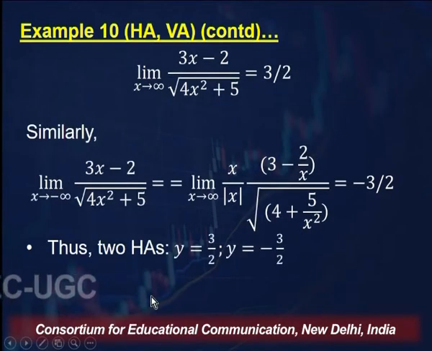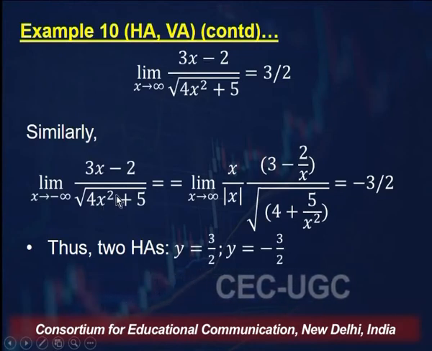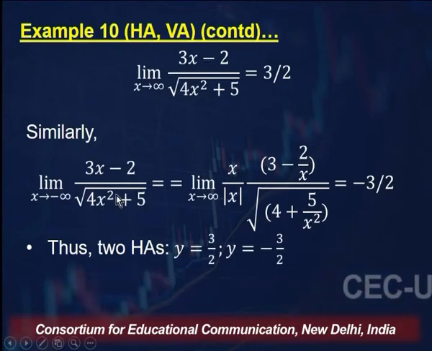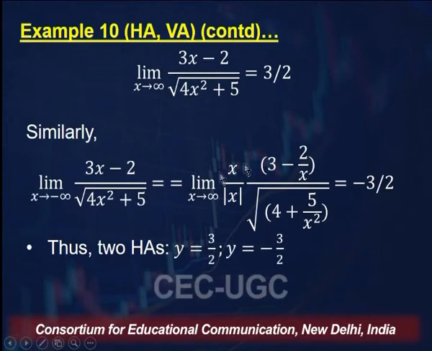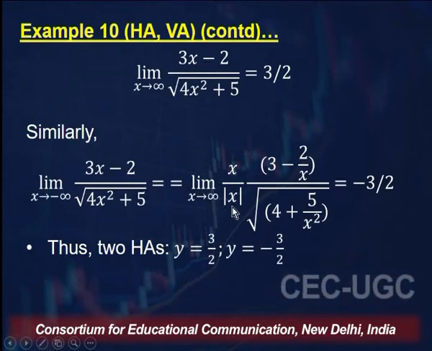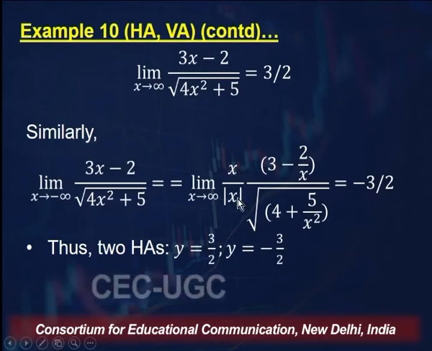However, if x tends to minus infinity, then the limit of the function is calculated in this fashion. The limit of the function as x tends to minus infinity will be given by applying the limit to this manipulation. But now mod x is going to be negative x, so that when x cancels with negative x, you're going to get a minus, right?